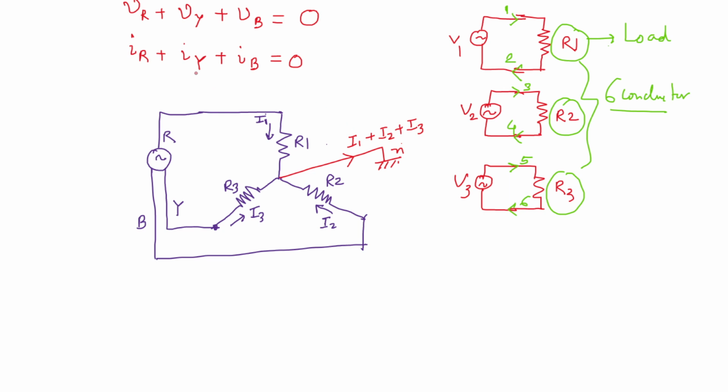However, we have previously shown that the summation of all three currents is 0. So if I1 plus I2 plus I3 is 0, effectively this return conductor is not required at all, because the return current, which is I1 plus I2 plus I3, is actually 0. If there is no current, then we don't require this path.